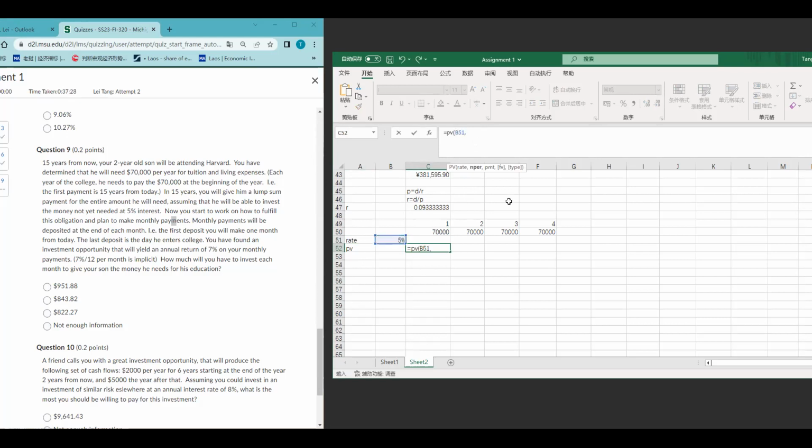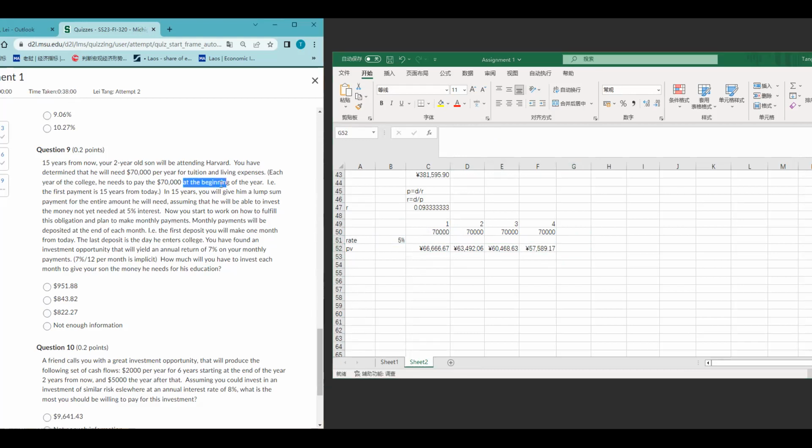The rate, number of years, payment empty now, FV is negative. So we spend this money. Oh, sorry.